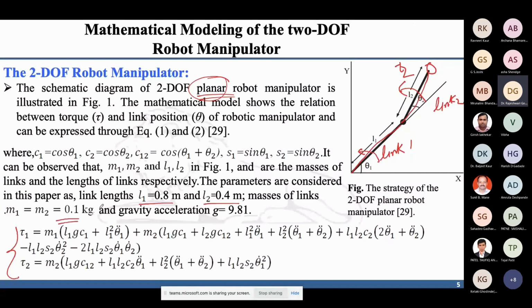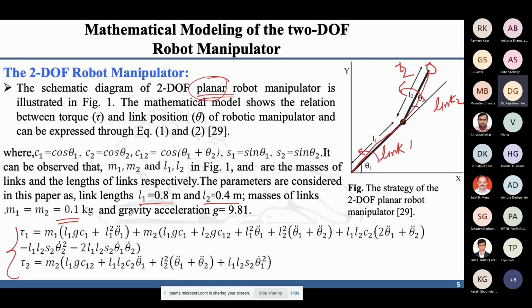This particular mathematics was taken from one of the famous books written by J.J. Craig. You know J.J. Craig. If you are familiar with robotics, then J.J. Craig is one of the famous researchers in this field. This particular 2DOF structure was taken from this book only, right? And we have simulated it in MATLAB with the help of this mathematics, right?